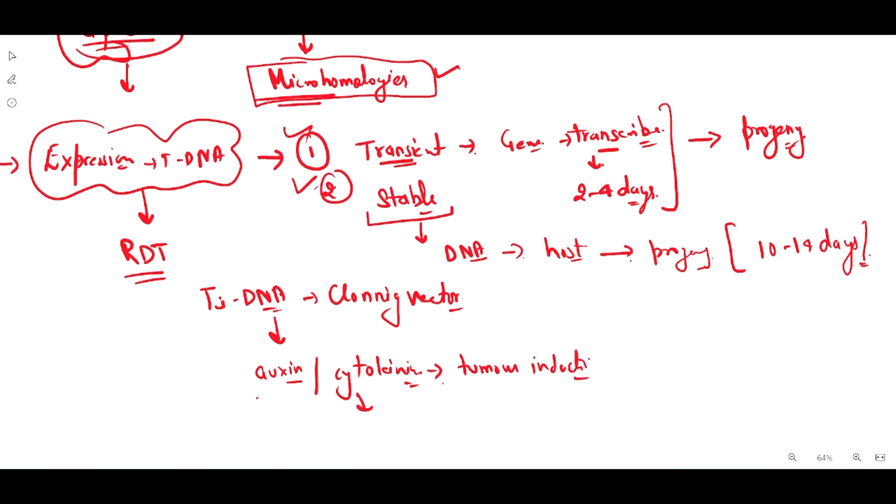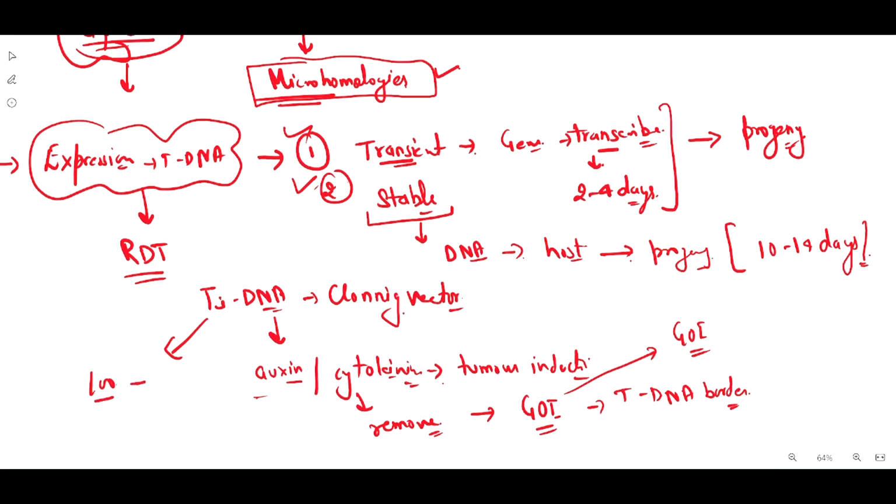This part is removed from the T-DNA, and in place of the auxin and cytokinin part, we insert our gene of interest between the T-DNA borders and use it for the expression of our gene of interest, not the formation of the tumor. The total Ti plasmid size could be from 100 to 800 kilobase pairs, and accordingly it can accommodate the DNA inserts.